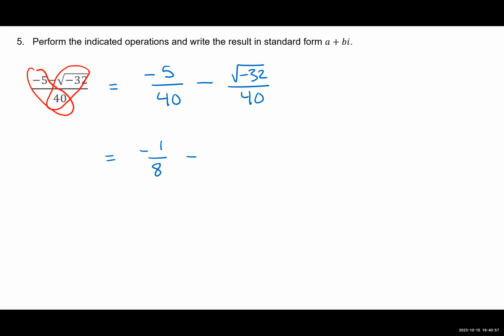Well, there's a few different paths we could take to get through the details of simplifying. But this is just one that makes sense to me. The square root of negative 32, we'll do the same thing we just did. We'll break it up as the square root of 32 times the square root of negative 1. And the square root of 32, well, what is that?